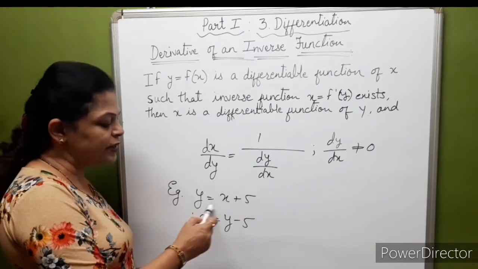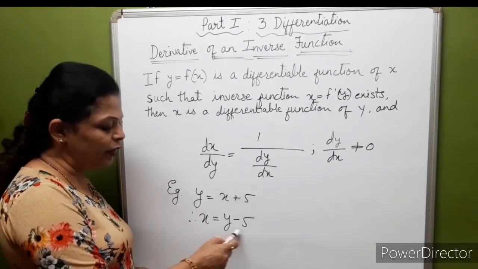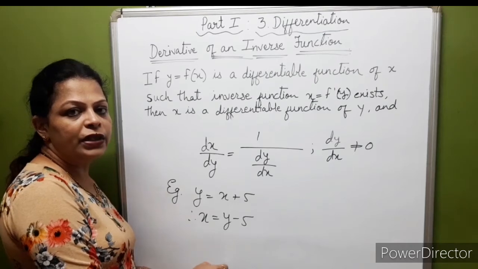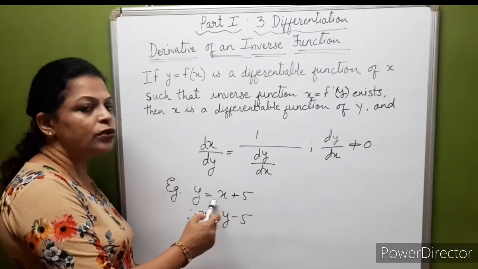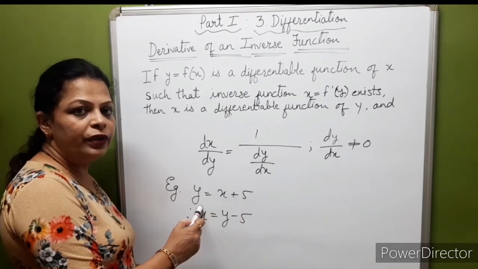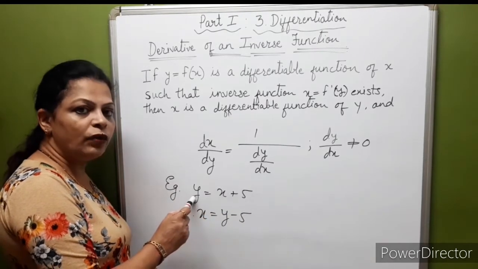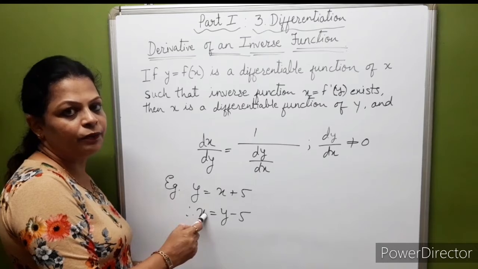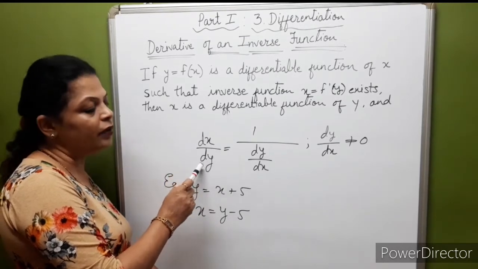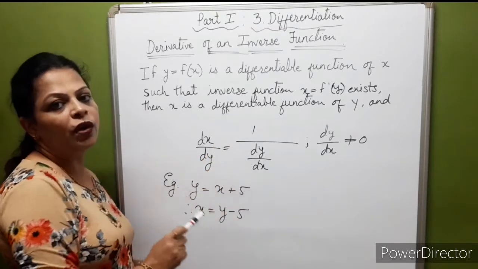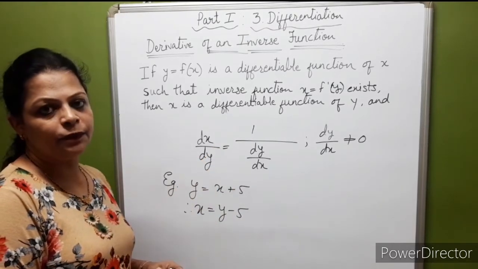This function was simple, so we could easily find x and then differentiate x with respect to y. But usually the function is not so simple. So what we do is, we differentiate y with respect to x.